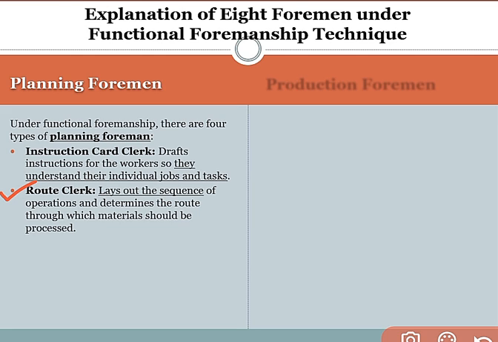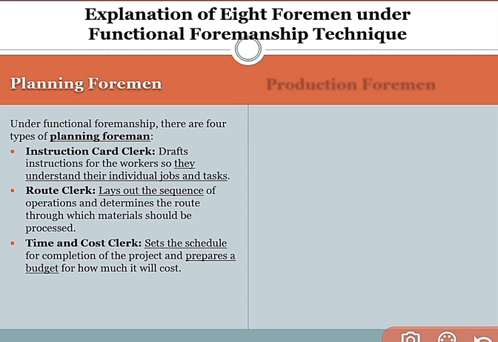So this will be the sequence of processing the raw material in the organization, in the factory. This function is performed by the route clerk or route foreman.